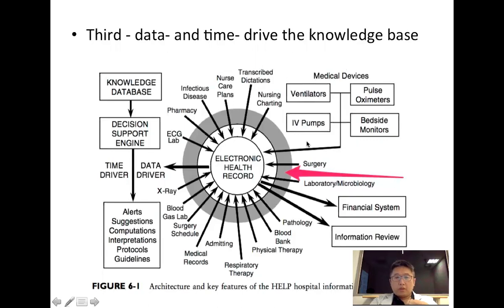So we already see this architecture. All the data can be monitored by this data interface, from the medical device, financial system, and also the decision support. But this diagram is not very clear. Later we will have another figure, but still not very straightforward.